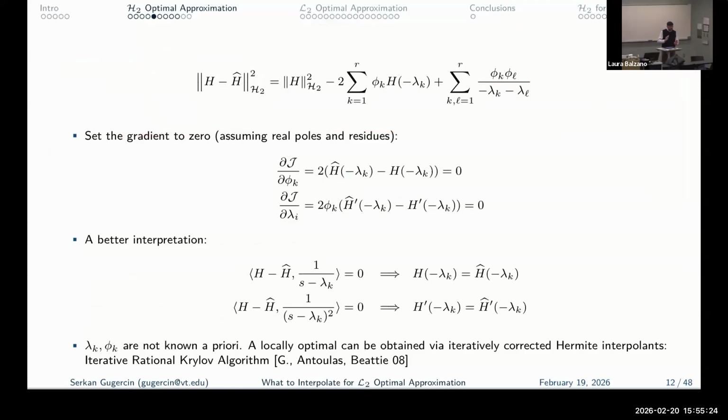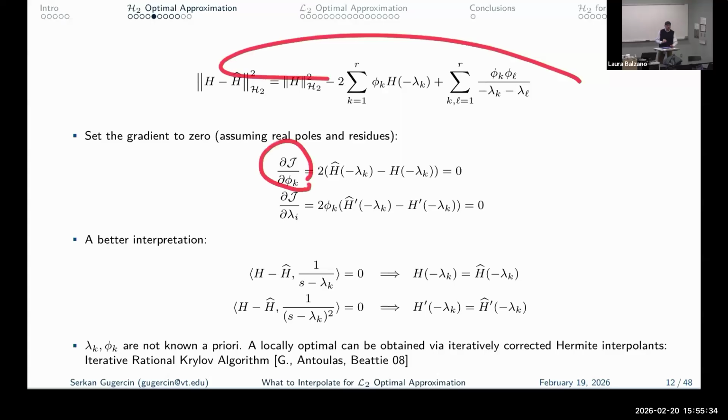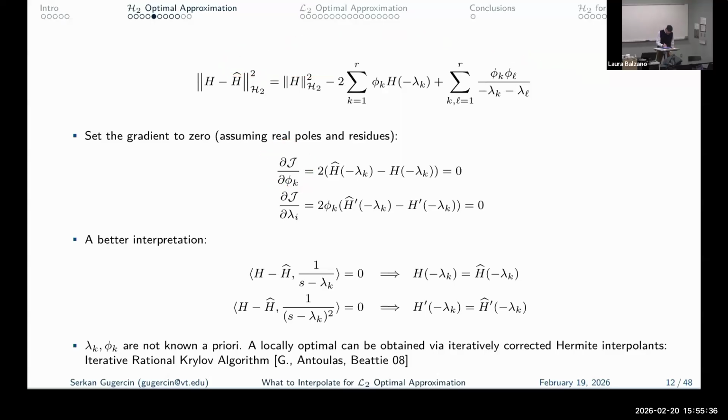But you can think of it this way: take the cost function, differentiate with respect to residues, and you obtain your gradient. You set that to 0, you get the first order condition. You take this cost function, differentiate with respect to the pole, you get the Hermite condition. That's one way to see this.